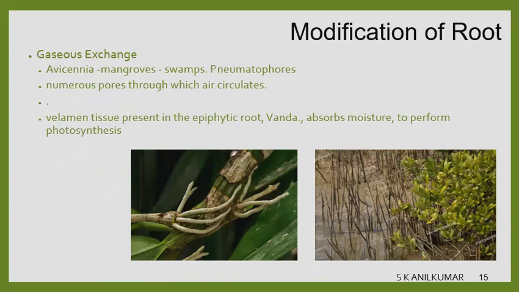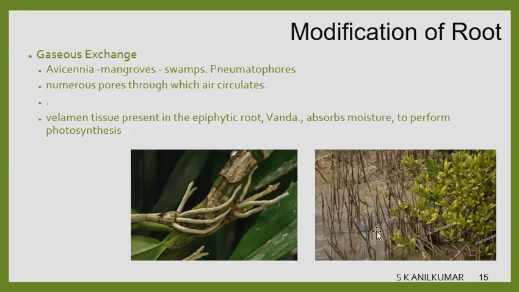Then there is a modification of the root for gaseous exchange. What is gaseous exchange? For breathing. For example, in marshes or swamps, you find Avicennia. Avicennia has pneumatophores. Pneumato means air, gaseous.